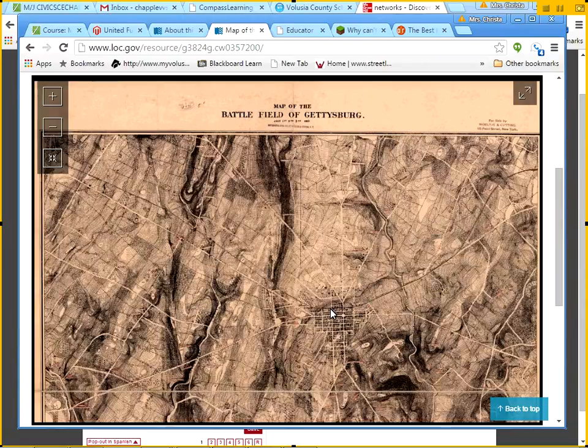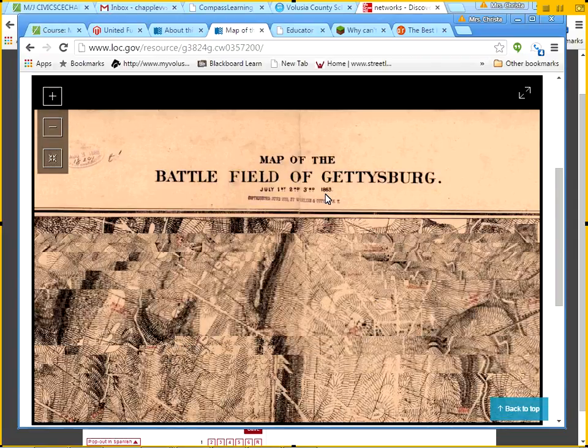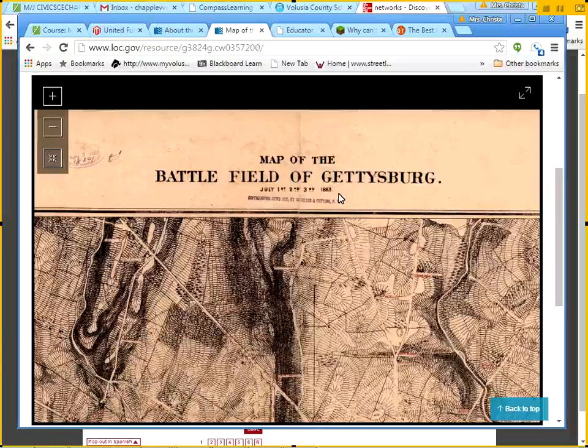When was this map made? Okay. So that might be hard to see. That's why we go in. Oh, it's not too hard to see. Okay. So July 1st, 2nd, 3rd, 1863. What significant historical events were happening around this time in the countries on which the map focuses? Okay, well, this is the United States. What was happening in 1863 in the United States?